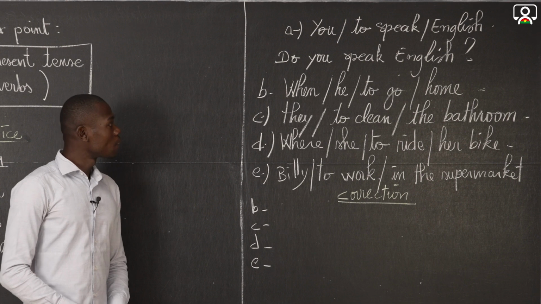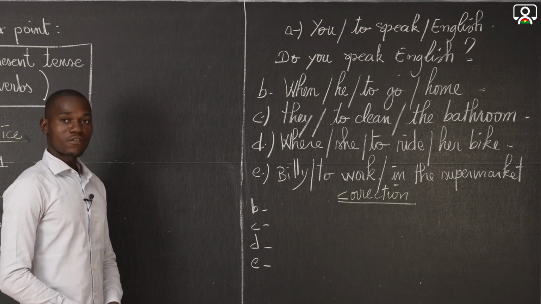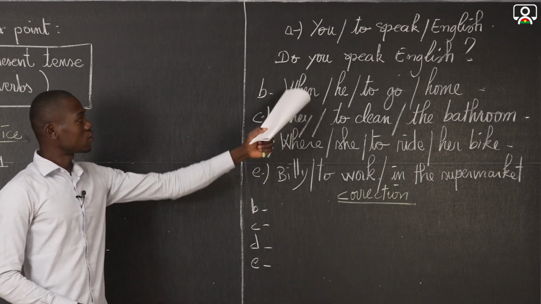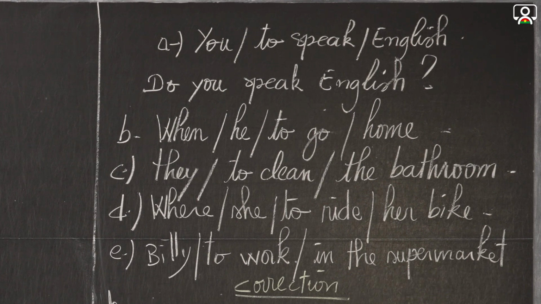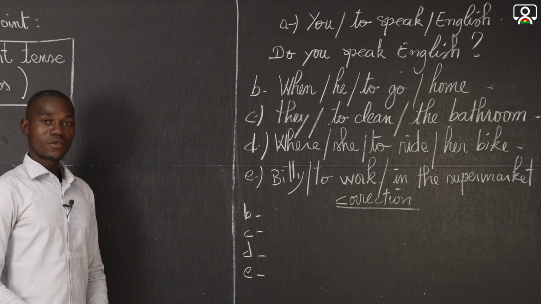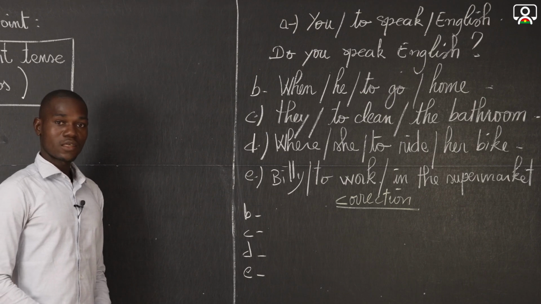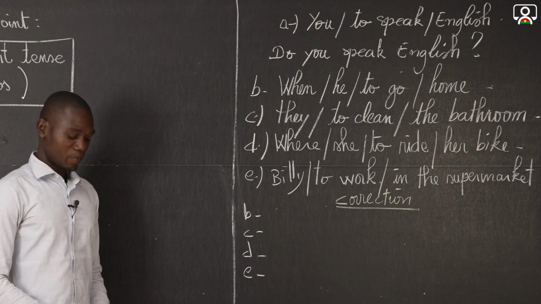So in B, you have a WH word, which is when. So the sentence begins with a WH word, and the correct sentence for B is: when does he go home? When does he go home?